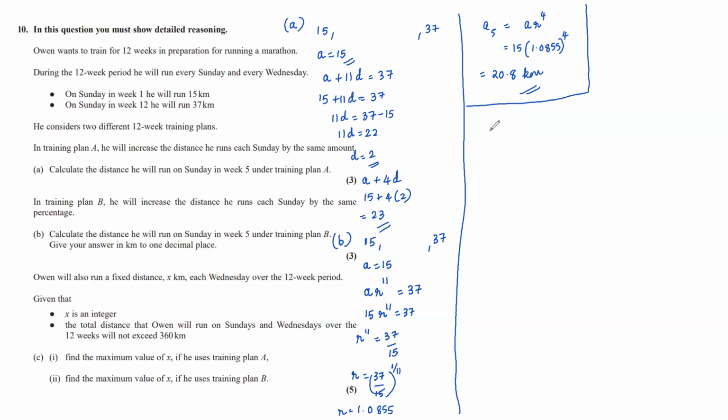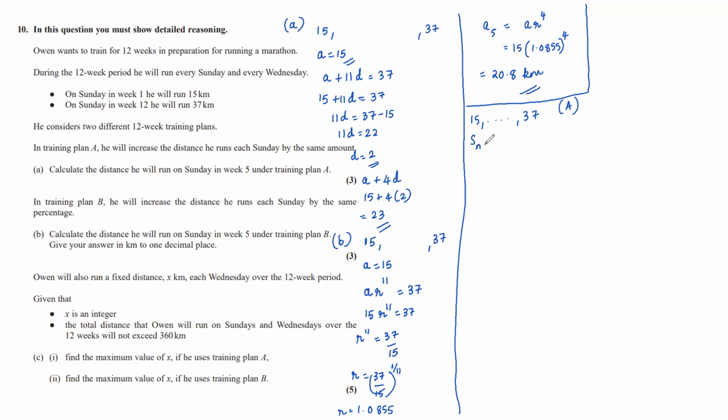So we know that it is 15, etc. up to 37. And we need to find out the sum of, if you are using training plan A here. So sum of these distances that he covered on Sundays, it is 15 to 37. So we know sum of 12 terms here is equal to, first I'll just write down the formula and then I'll substitute it.